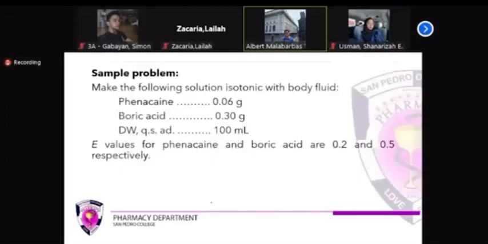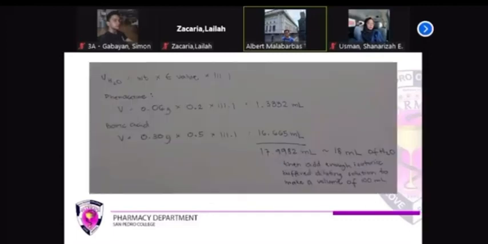Okay? So, how to solve using your White-Vincent method? What you will do is account for the individual weights, and then multiply with the E-value, and then 111.1. So you get the amount of water. Then, if there are more than one solute, you need to add the ml values to get the total.